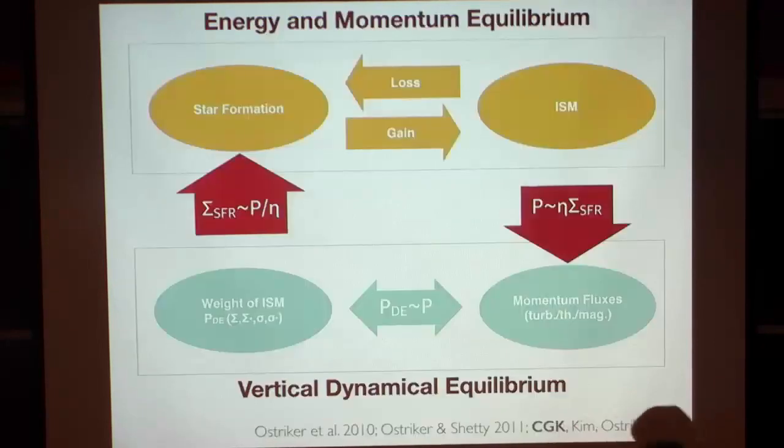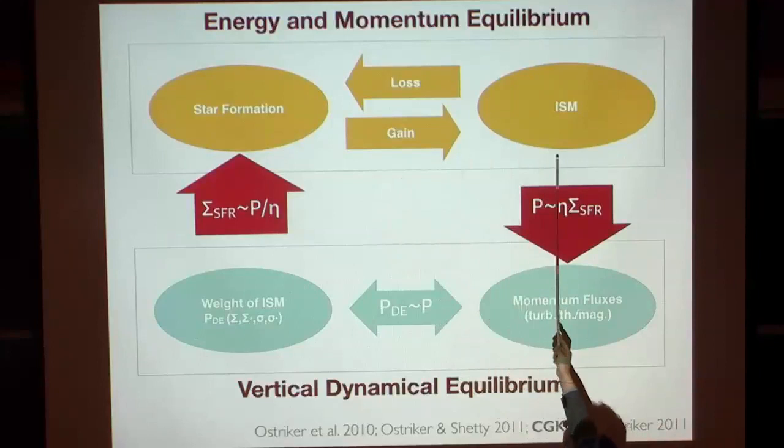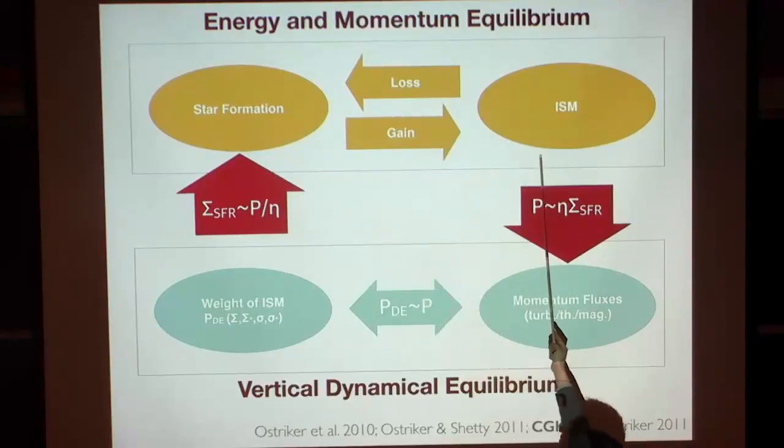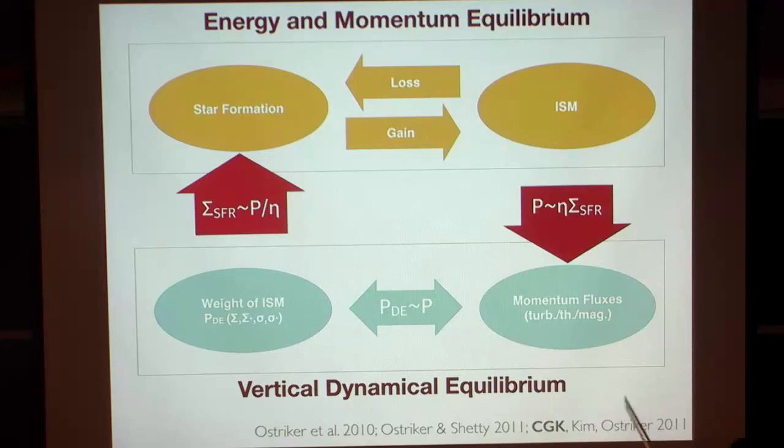So from these schematic pictures, we can write down some diagram that can show this energy momentum equilibrium. When you lose energy from the ISM, star formation will give back that energy to the interstellar medium, so that we maintain all this support. And from this vertical dynamical equilibrium, we always need a certain level of pressure support to support the weight of the interstellar medium.